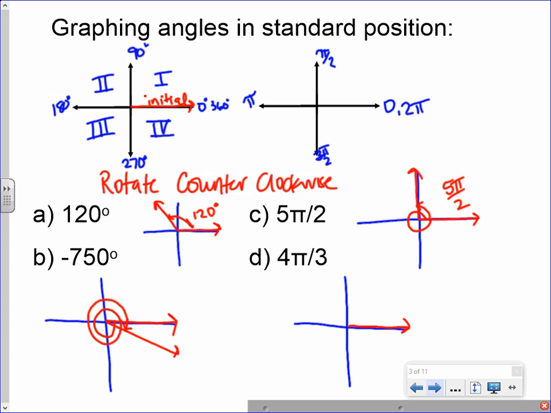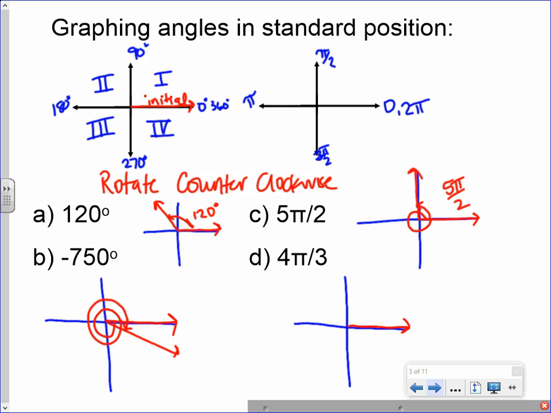Less than 2 pi, yes or no? Less than 2 pi, because 4/3 is less than 2. Is it bigger than 1 pi? It is bigger than 1 pi, which means it's going to be more than 180 degrees. However, 4/3 is less than 3/2.